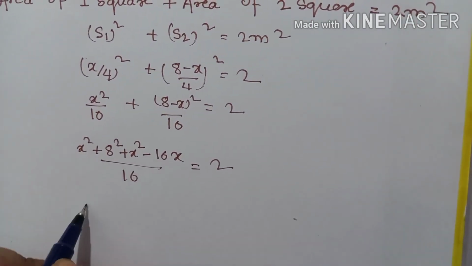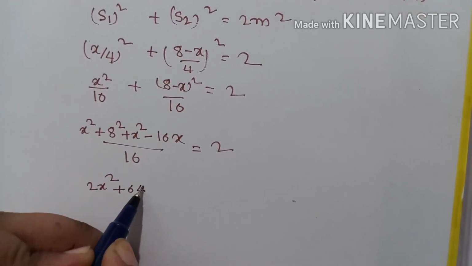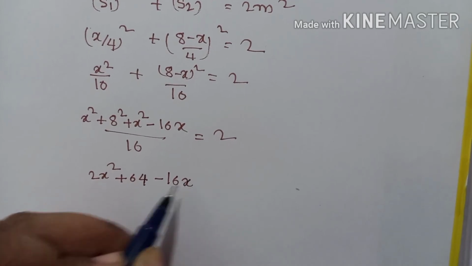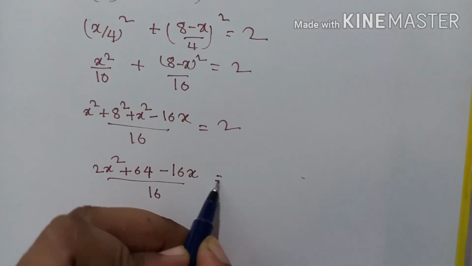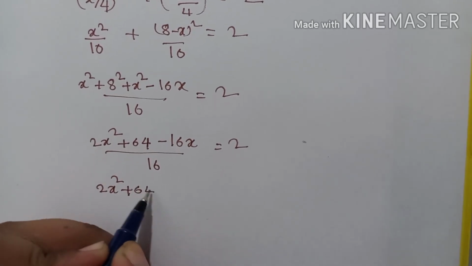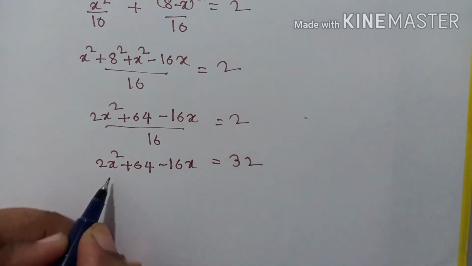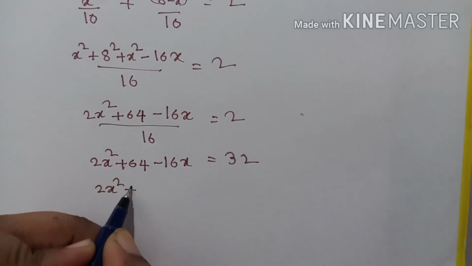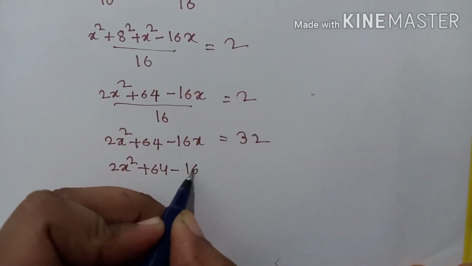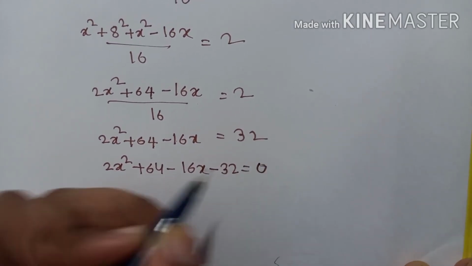That is x squared plus x squared gives us 2x squared. 8 squared is 64, and minus 16x, over 16 equals 2. So 2x squared plus 64 minus 16x is 32. Taking it to the RHS, 2x squared plus 64 minus 16x minus 32 equals 0.